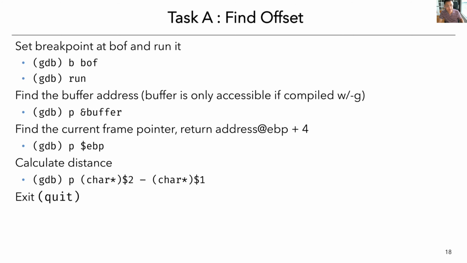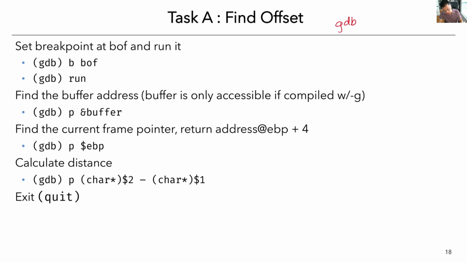So here is the first task. In the first task, we can use GDB. Of course, because this is a project, we can use all kinds of tools we have. But in the real world, you're not going to have the luxury of running GDB on the victim machine to find out its offset.